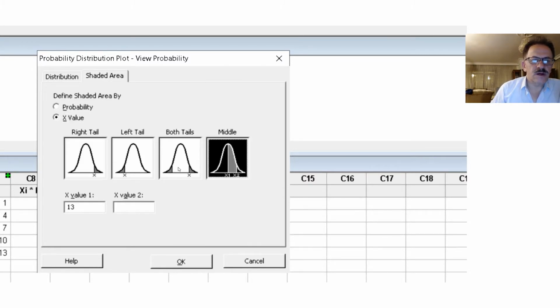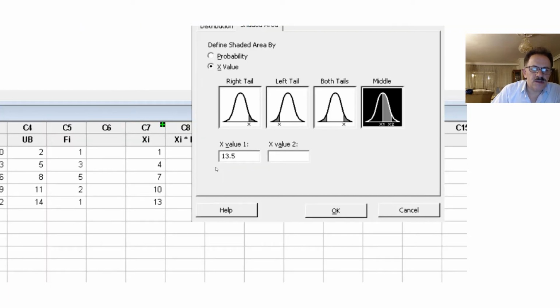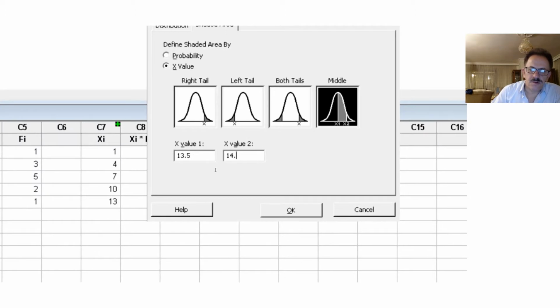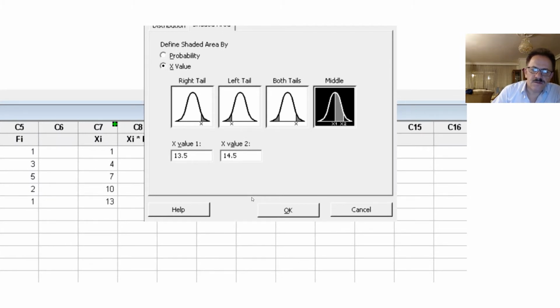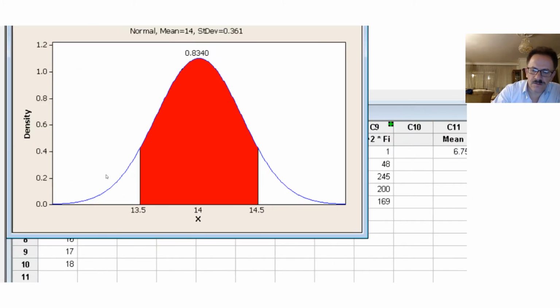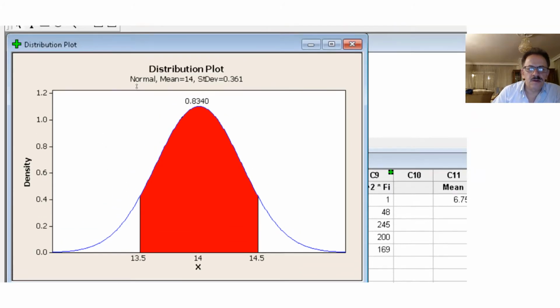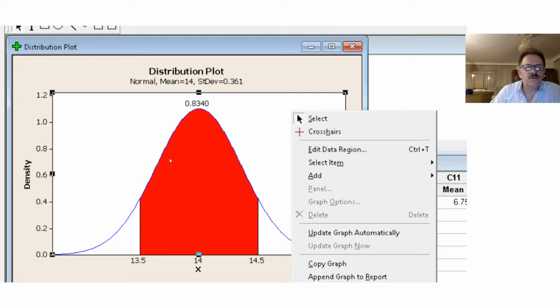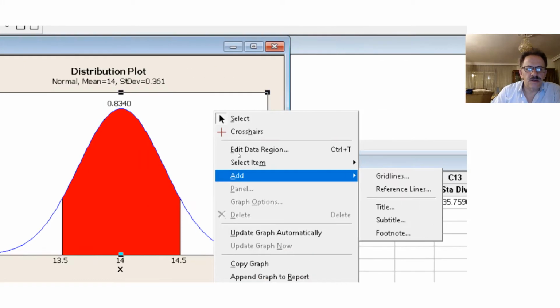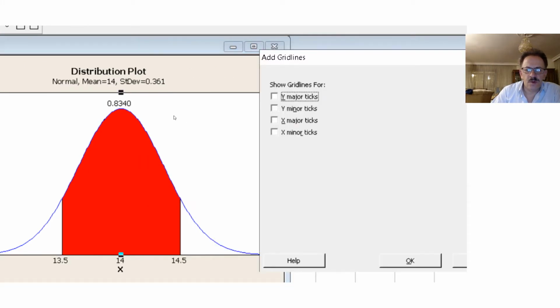Then I go to the shaded area and use double X, which is between 13.5 and 14.5. Then I find 0.8314, the result that I get from this, which is the same data.